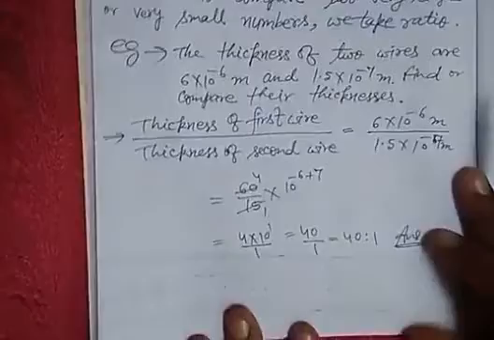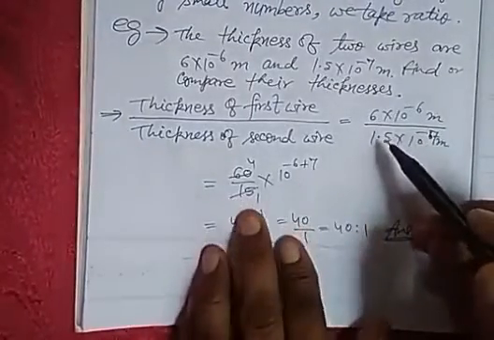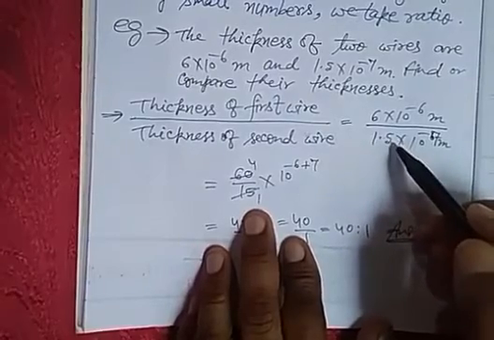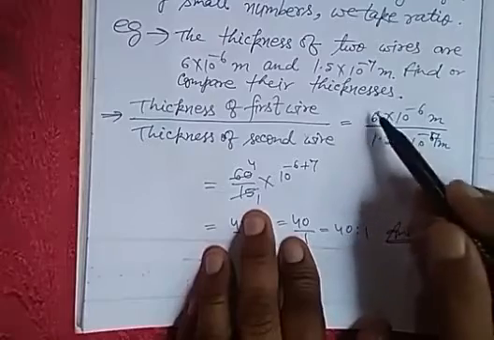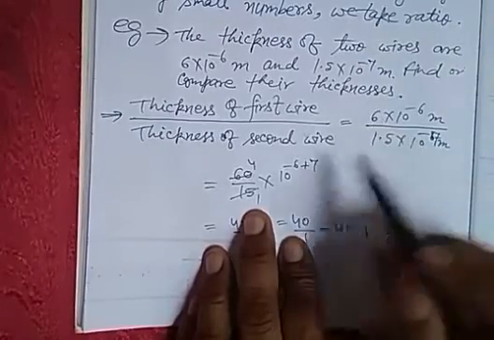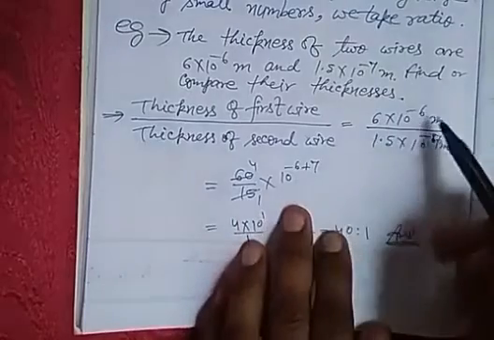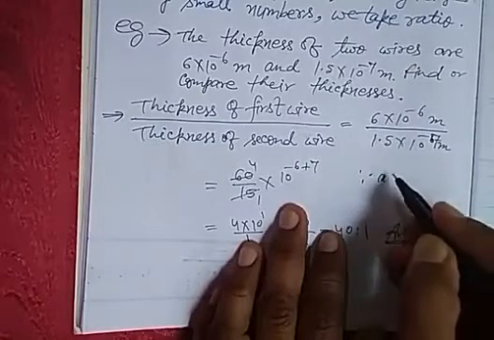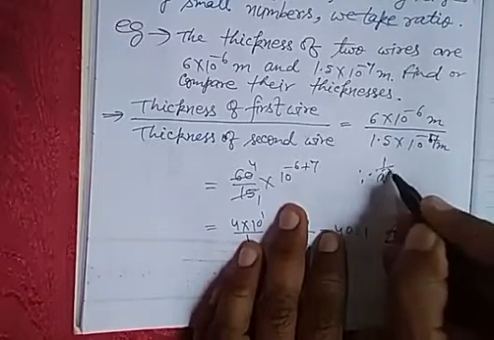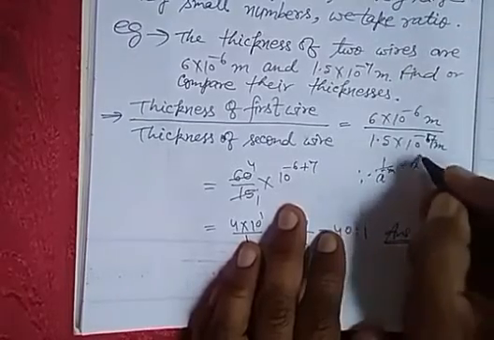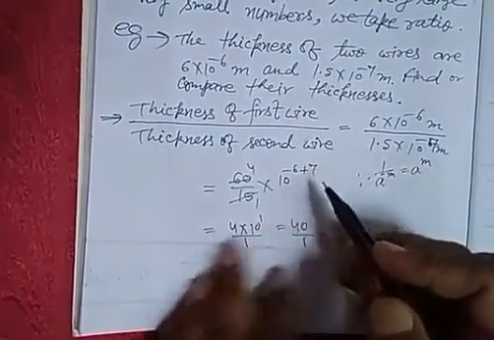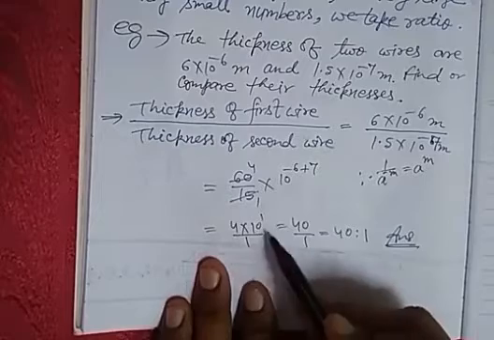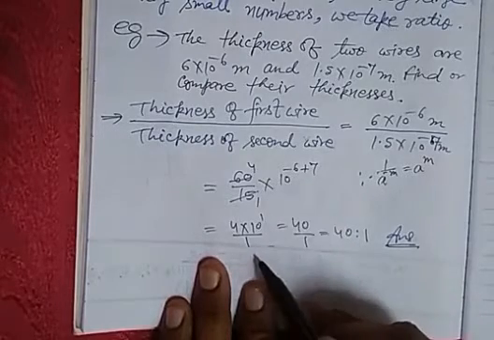We shift the decimal place to the right side, multiplying by 10: 60 by 15 into 10 to the power minus 6 plus 7, since 1 upon a to the power minus m is equal to a to the power plus m. 15 fours are 60, so we get 4 into 10 to the power 1 upon 1, which is 40 by 1, equal to 40.